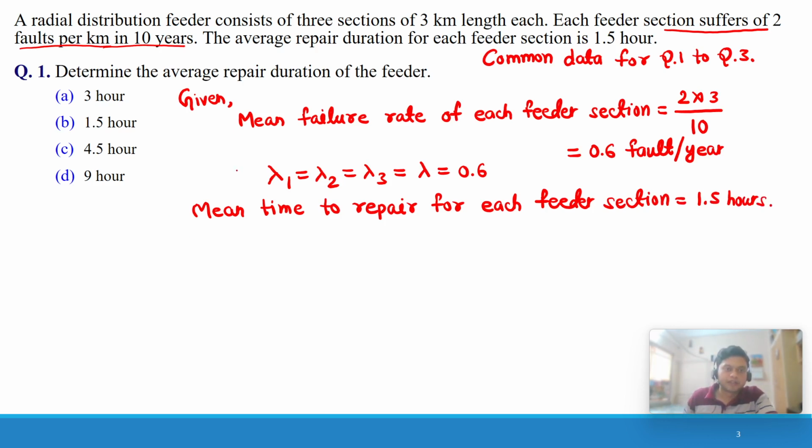That means R1 is equal to R2 is equal to R3 is equal to R, that is 1.5 hours.